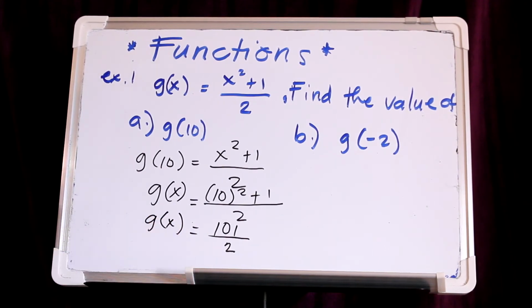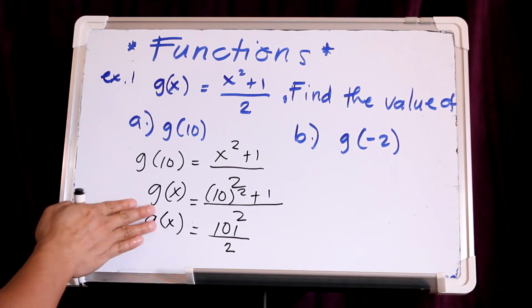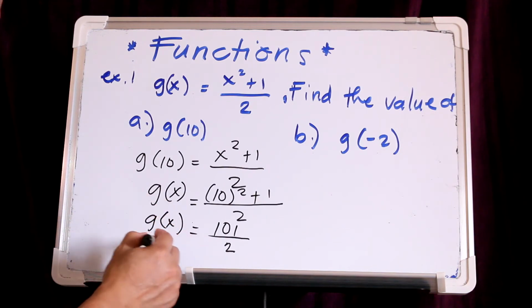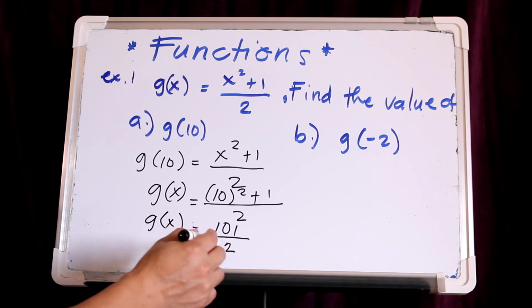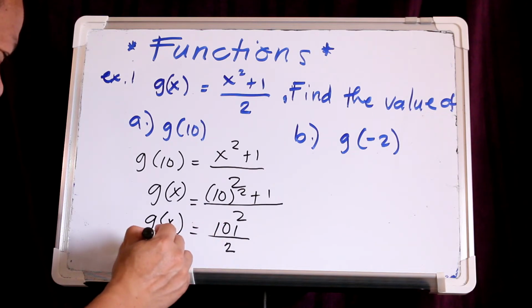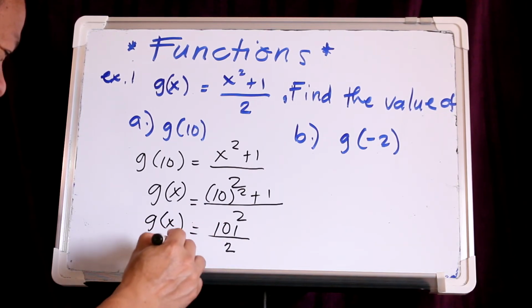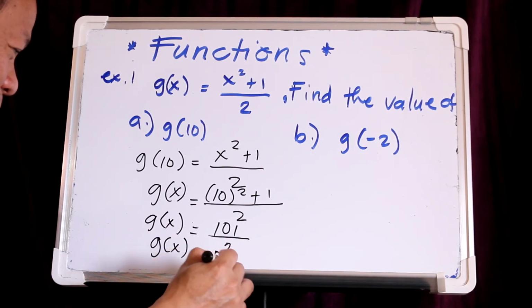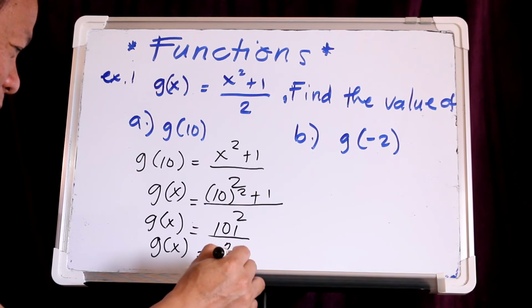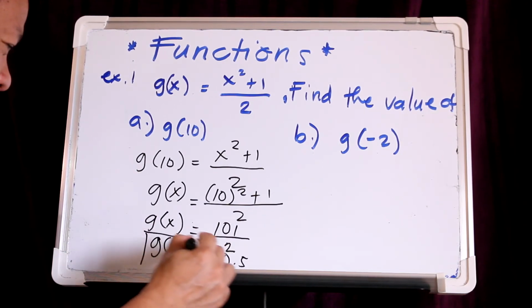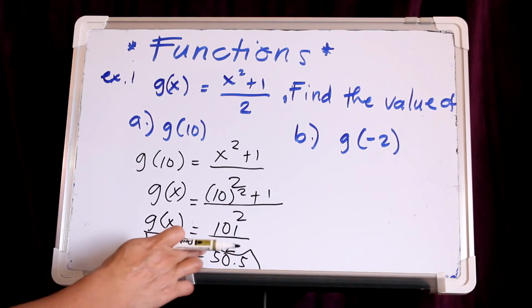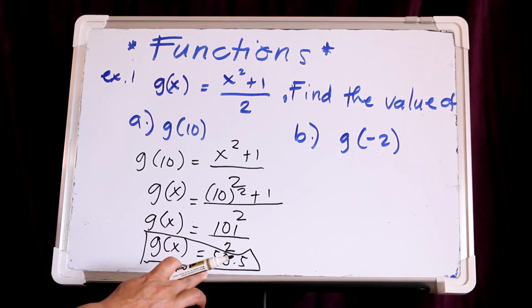So remember our y. Without the name, the g, you will have y equals 101 divided by 2. So you will have g(10) equals 50.5. You can see it. So this is 50.5 here.